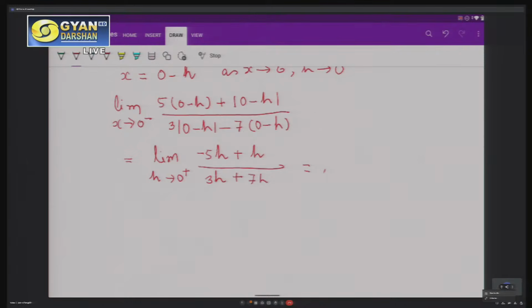So this is equal to limit h tends to 0 plus, and this will be minus 4h divided by 10h. So h will be cancelled out, we don't need to put h is equal to 0 because h has been cancelled out, so it will be equal to minus 4 upon 10, which is equal to minus 2 upon 5. So this is left hand limit.